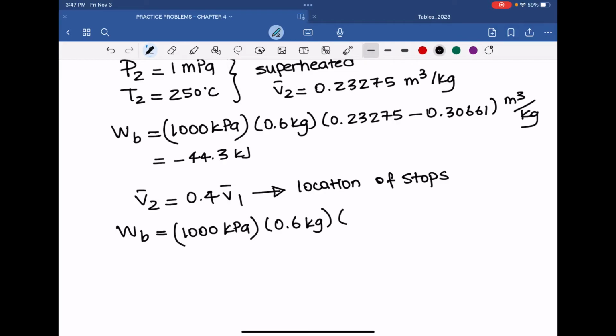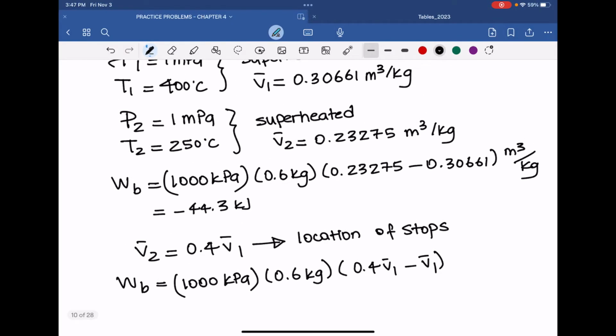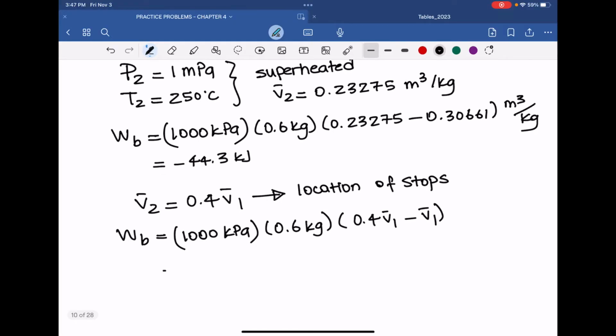So what we can do here, and we know the value of V1, right? If you plug that in, which is 0.30661, plug it in and you should calculate minus. Yes, so if you're gonna go down all the way to the pair of stops, then you need to do more compression.